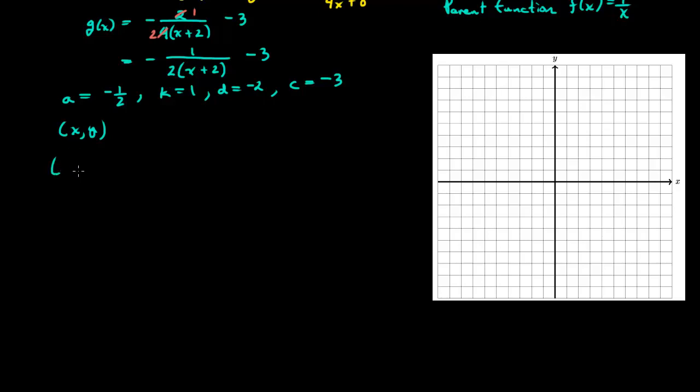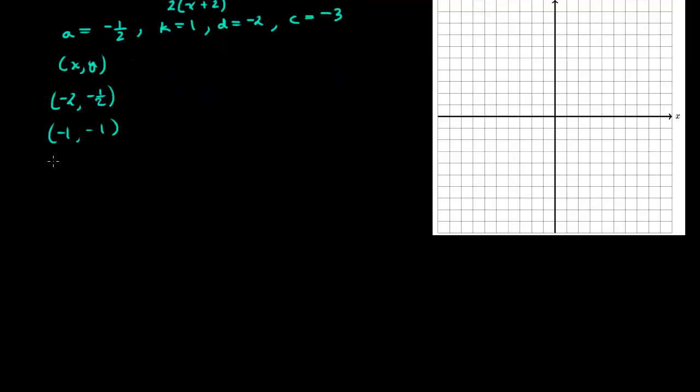And the key points are minus 2 comma negative 1/2, negative 1 comma negative 1, negative 1/2 comma minus 2, 1/2 comma 2, 1 comma 1, as well as 2 comma 1/2 on the graph of my parent function. So these are all the key points from the reciprocal function.